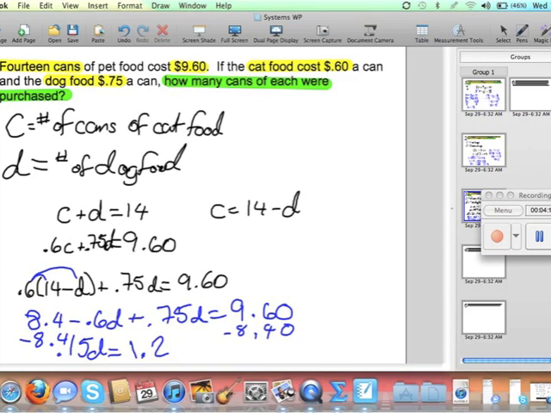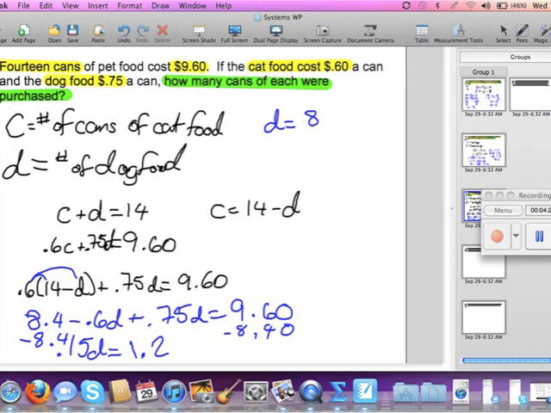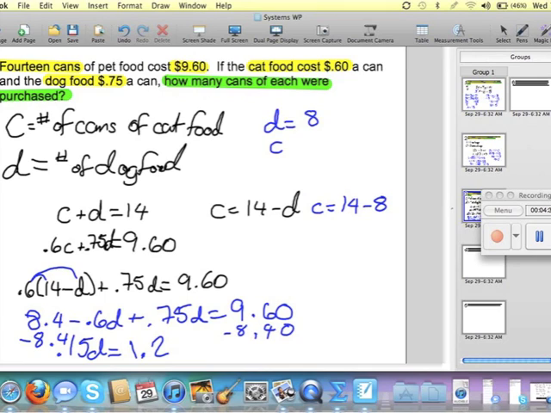If I solve this out by dividing both sides by 0.15, turns out D equals 8. If D equals 8, C obviously equals 14 minus 8. 14 minus 8 is 6, so C equals 6. Therefore, 8 cans of dog food were purchased and 6 cans of cat food.